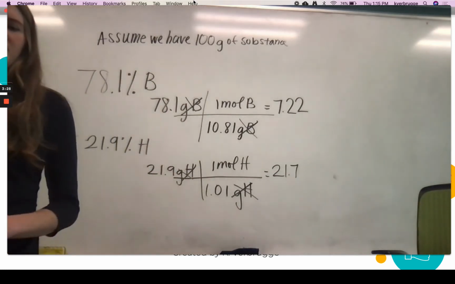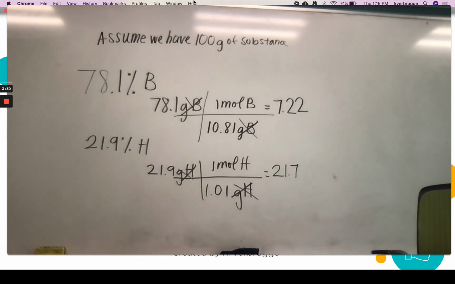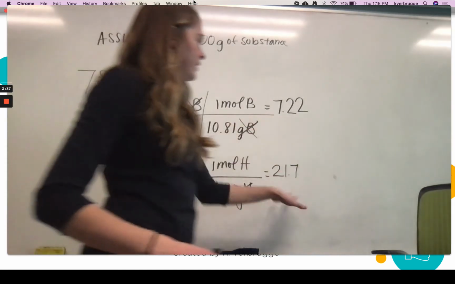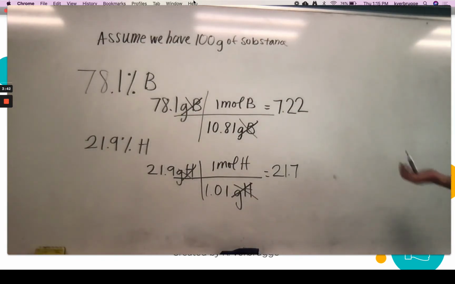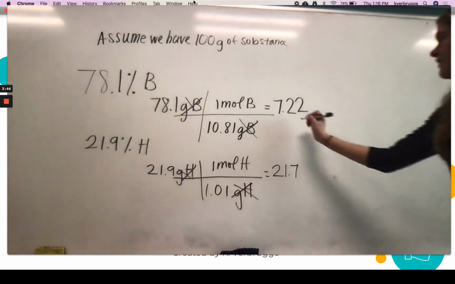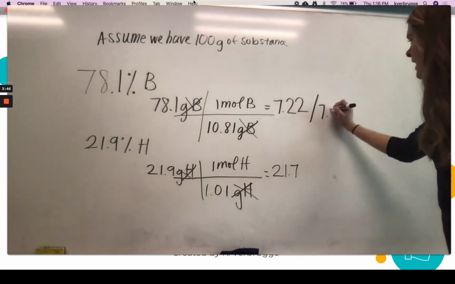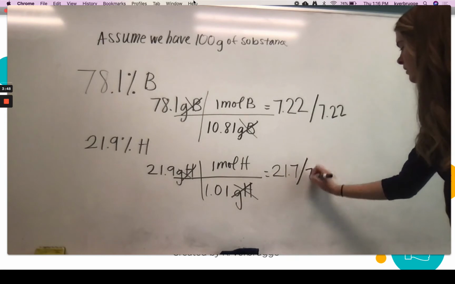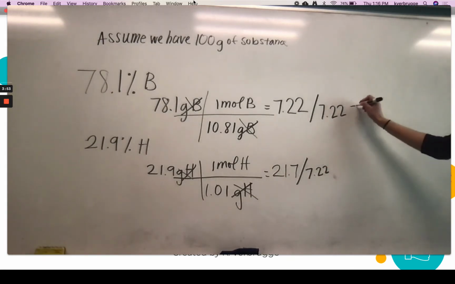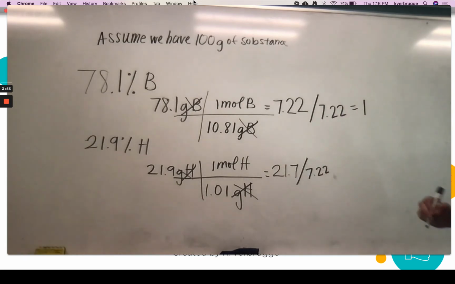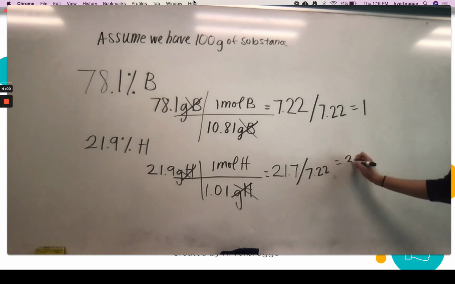This next step is the new thing we're going to learn in this unit: dividing by the smallest number of moles. So you need to compare these two values, 7.22 and 21.7, and decide which one is smaller. Clearly it's this one. So you're going to divide both of your numbers by 7.22. 7.22 divided by 7.22 is 1. 21.7 divided by 7.22 is going to turn out to be 3.